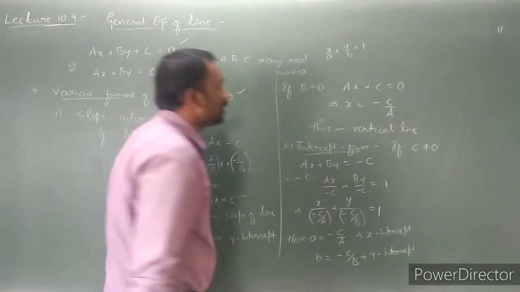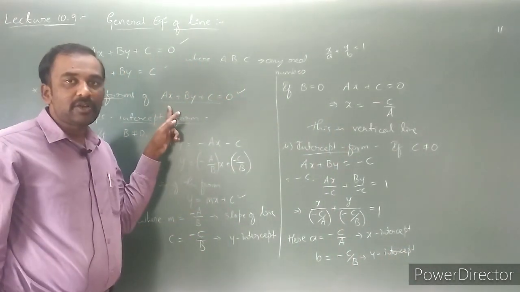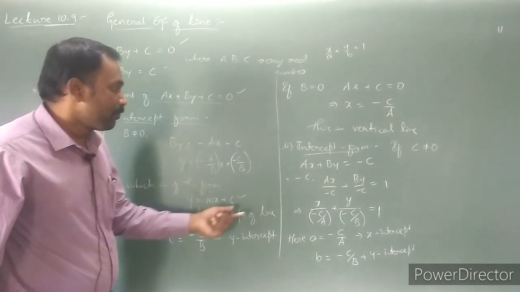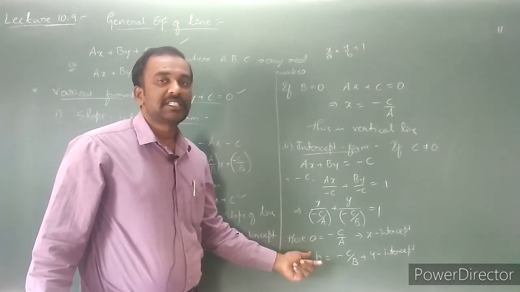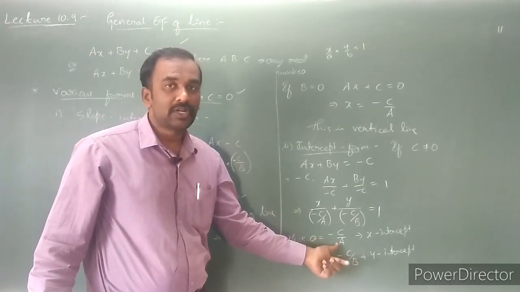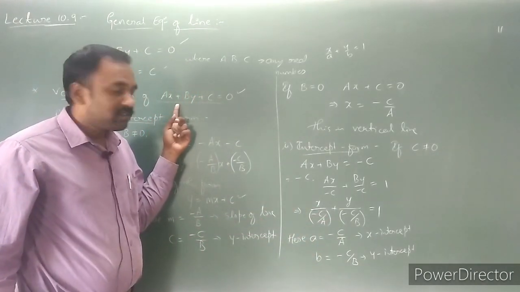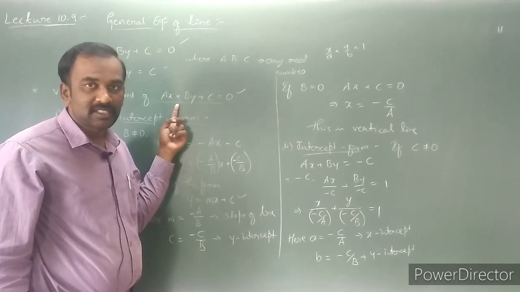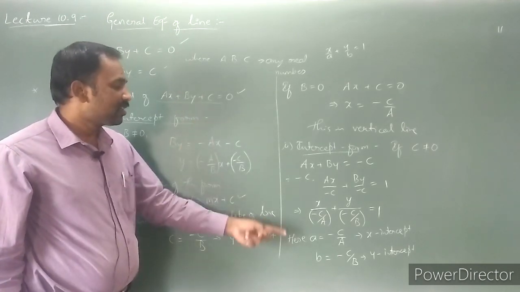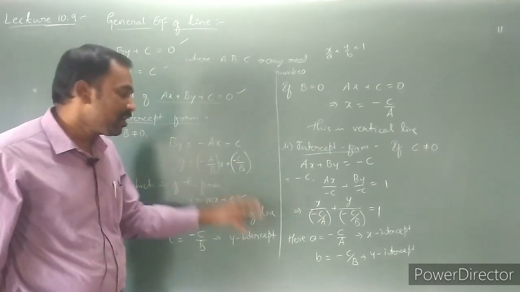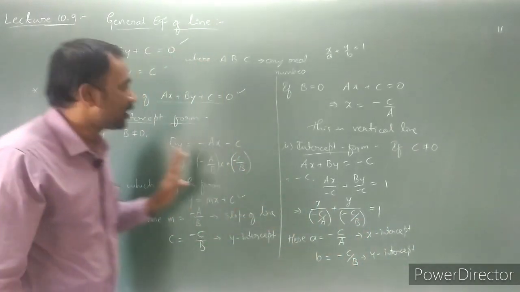Whenever the general equation of the line is given directly and we wish to get the x-intercept, what do we need to do? Minus c by a, if you do this, we will get the x-intercept. And to get the y-intercept, minus c by b, we will get the y-intercept.